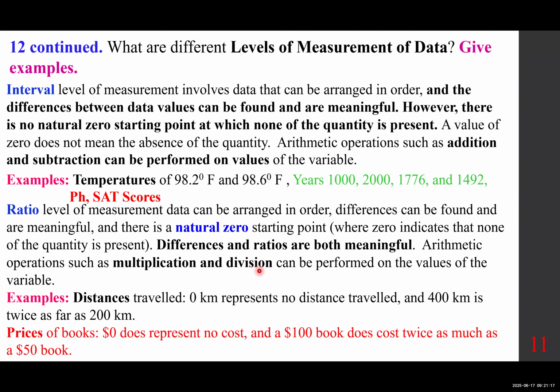Describe cross-sectional, retrospective, and prospective studies. Give examples. Cross-sectional study. Data are observed, measured, and collected at one point in time in an observational study. A cross-sectional study is like a snapshot of a particular group of people at a given point in time.